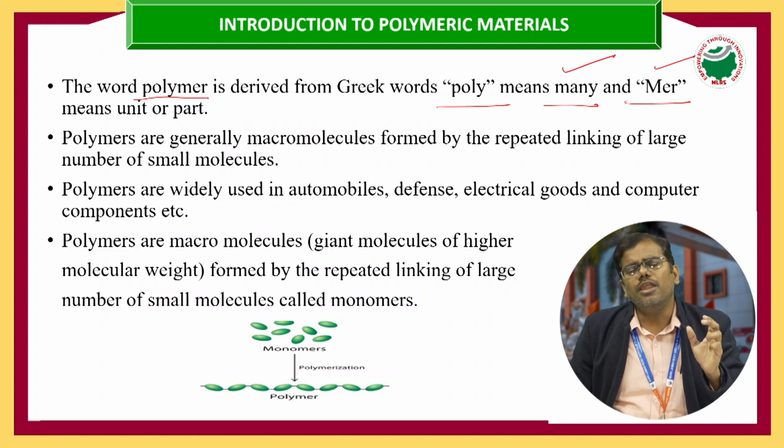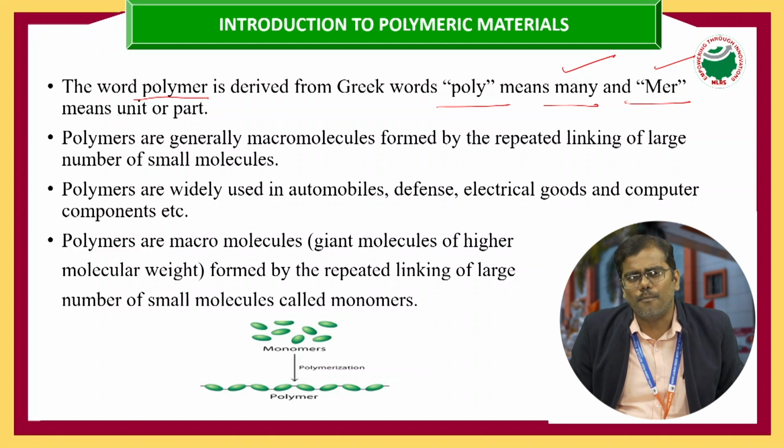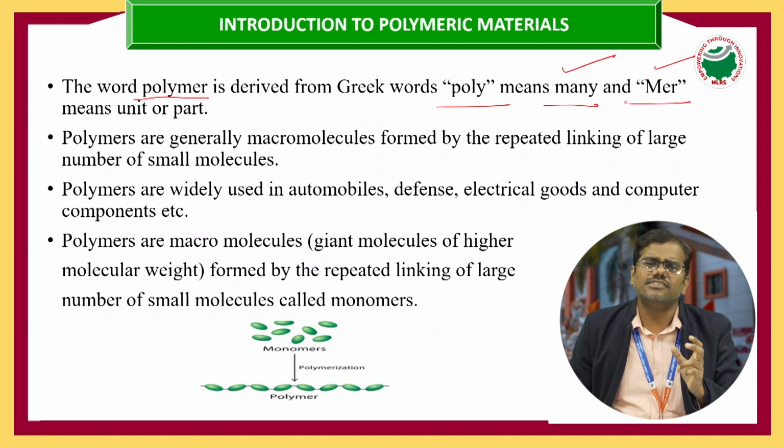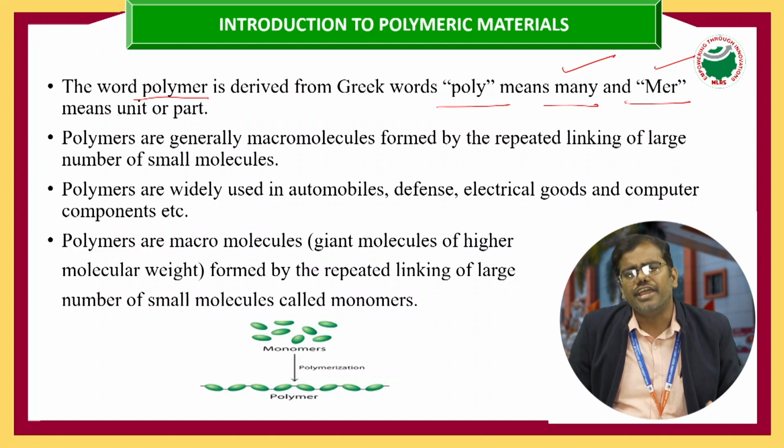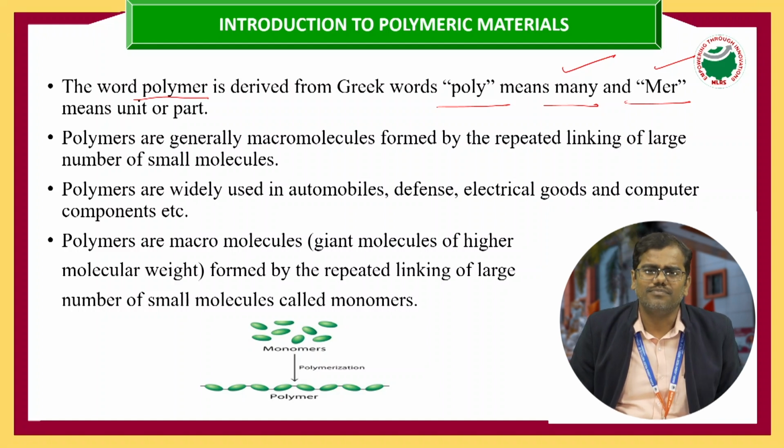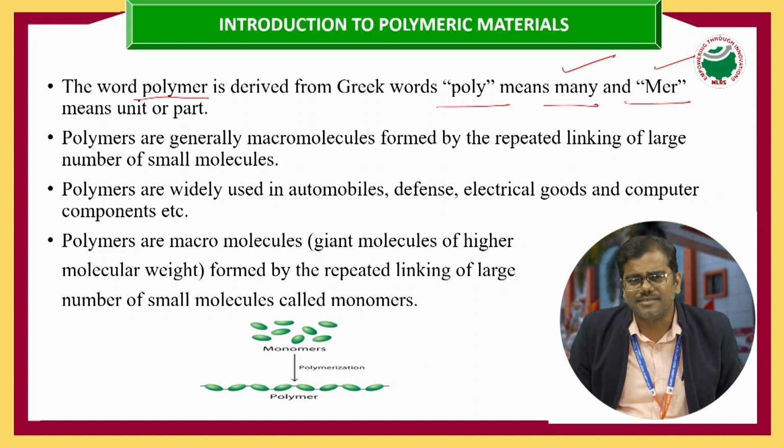Finally, the word polymer we can define as many units or many parts of chemical compounds which are combined together in the presence of temperature, pressure and catalyst, and form a giant molecule, a compound of large molecular weight, which is said to be a polymer, and this phenomenon is called polymerization.